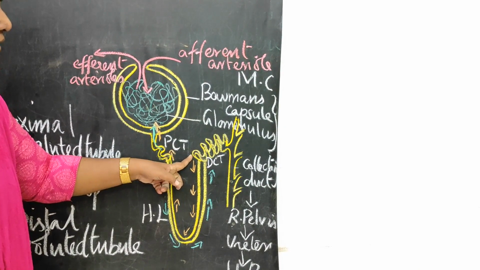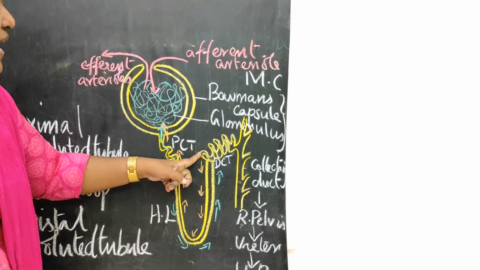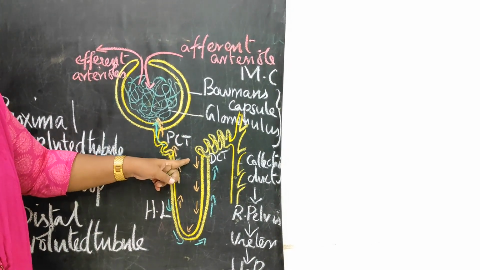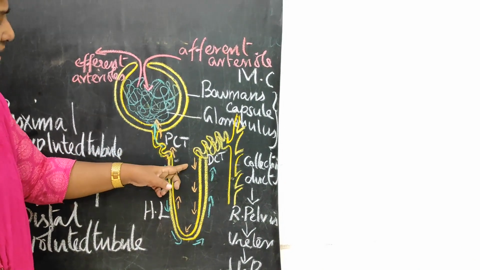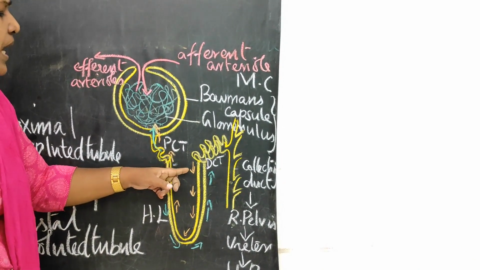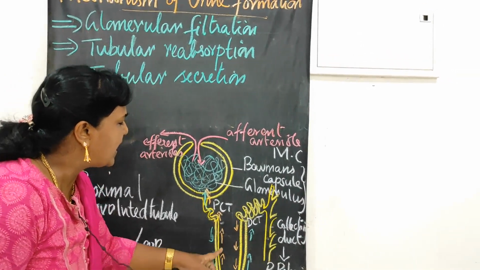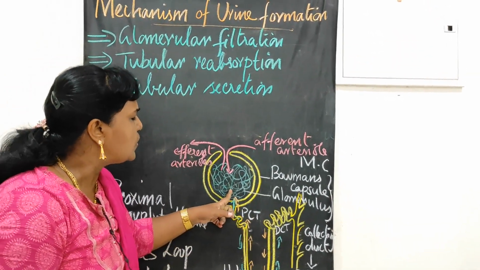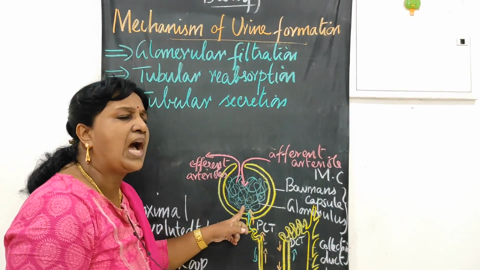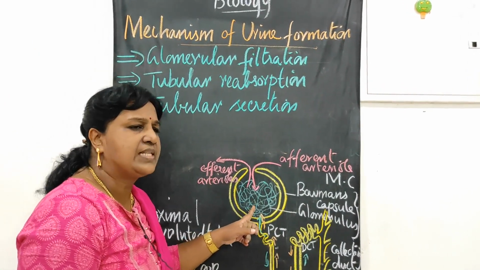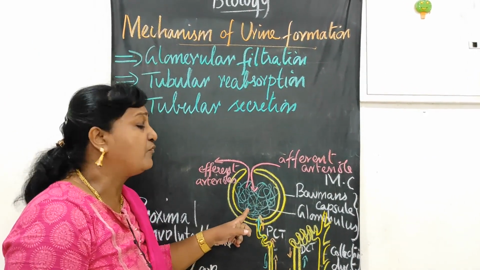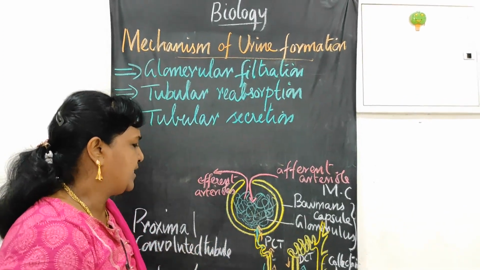So in the distal convoluted tubule, the final reabsorption takes place. The reabsorption of essential substances like amino acids, glucose, vitamins, minerals, they are reabsorbed and again taken back to the glomerulus with the help of the hormone antidiuretic hormone or vasopressin from neurohypophysis.